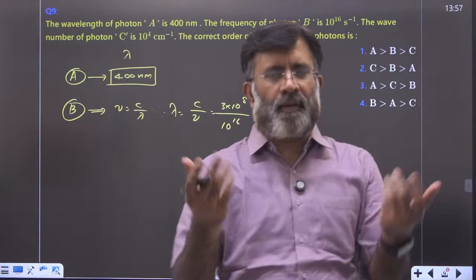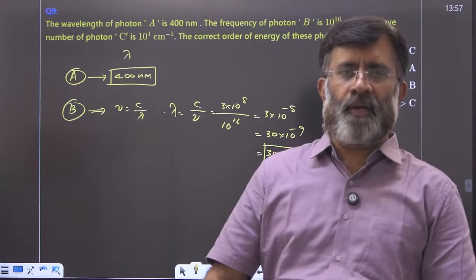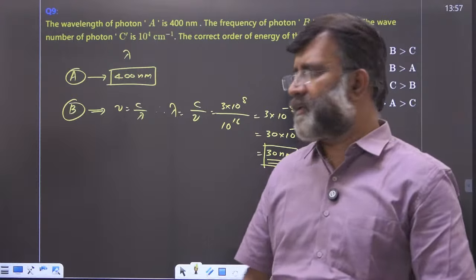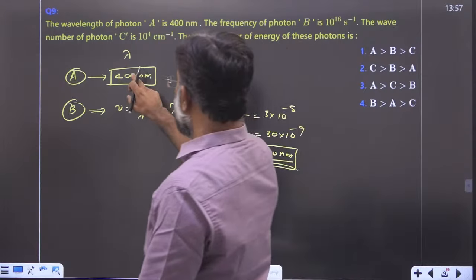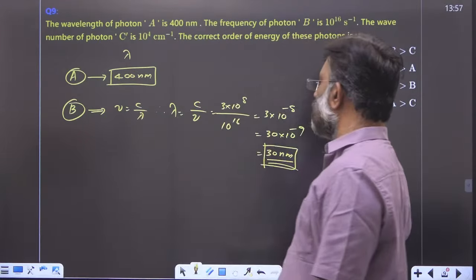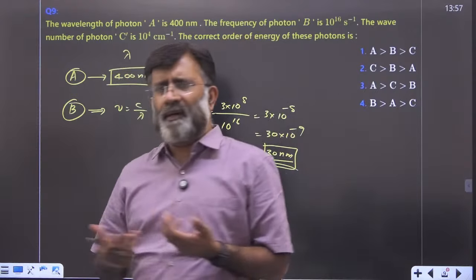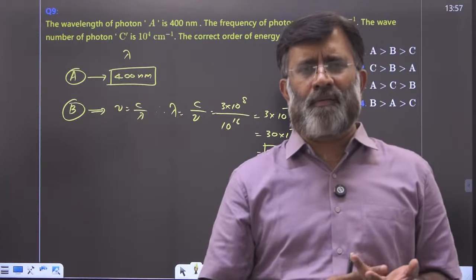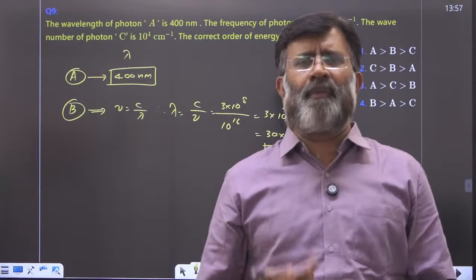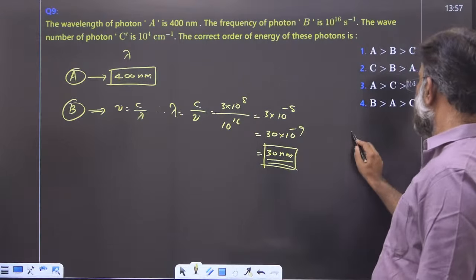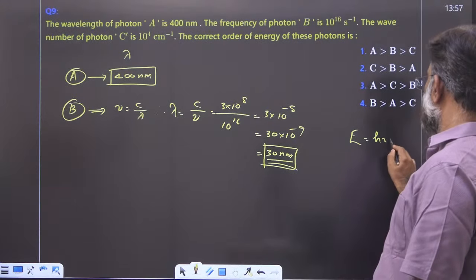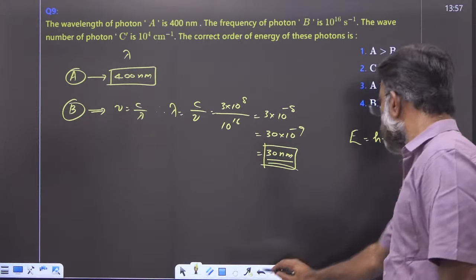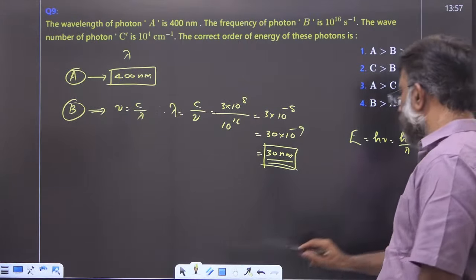Right? You can compare the energy. Greater the wavelength, lower the energy. അല്ലേ? അപ്പോൾ ഇവിടെ എനർജി കുറവായിരിക്കും, ഇവിടെ എനർജി കൂടുതലായിരിക്കും. ഏതെങ്കിലും ഒരു ടേമിൽ കമ്പയർ ചെയ്താൽ മതി. ഐദർ ഇൻ ടേംസ് ഓഫ് ഫ്രീക്വൻസി ഓർ ഇൻ ടേംസ് ഓഫ് വേവ് ലെങ്ത് ഏത് വേണമെങ്കിലും കമ്പയർ ചെയ്യാമല്ലോ. എങ്ങനെയാണ് കമ്പയർ ചെയ്യുന്നത്? E equal to h nu equal to h c by lambda equal to h c nu bar.